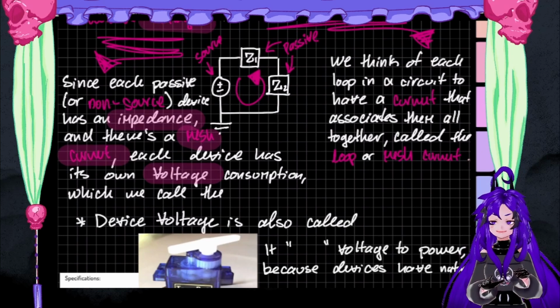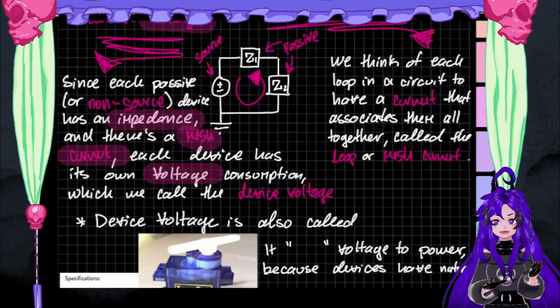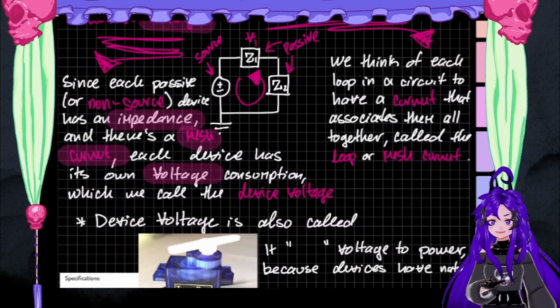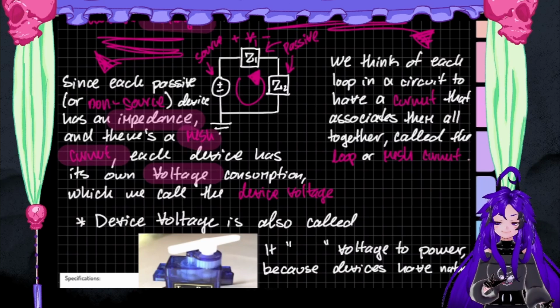This is what we call the device voltage. So both of these have some V, right? We'll call it V1 to go with Z1. And we know that it goes positive left to right, negative.